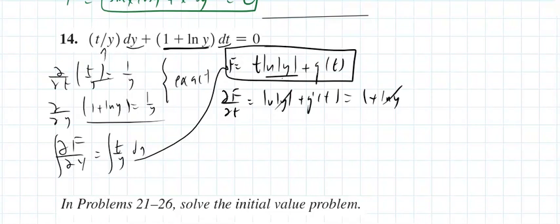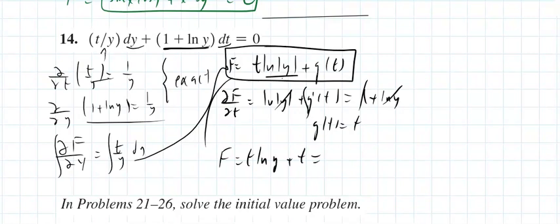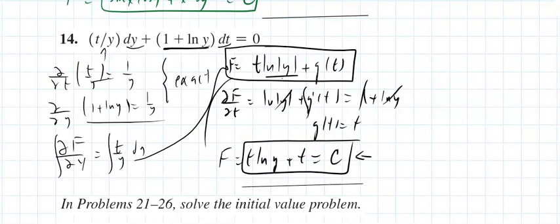We ignore the absolute values. And we integrate. g of t is simply t. So here we say this function of ours is t natural log of y plus t, and we set that equal to k. Apply the gradient on that, and you will get exactly what they have. We're not going to go there because that's not needed yet.